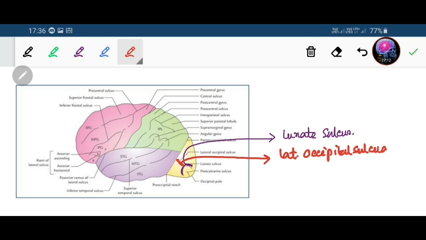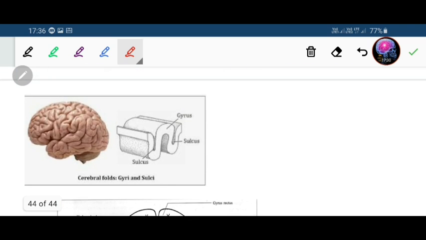And there is another called the transverse occipital sulcus, which runs downward into the uppermost part of the occipital lobe from the supromedial border a little behind the parieto-occipital sulcus. Let's see whether you can see the transverse occipital sulcus.